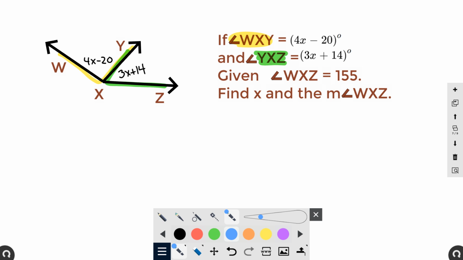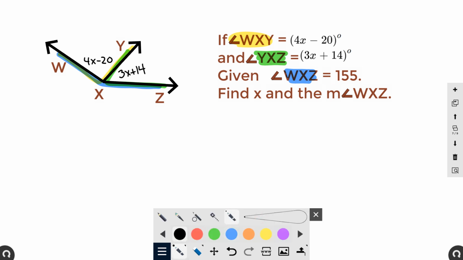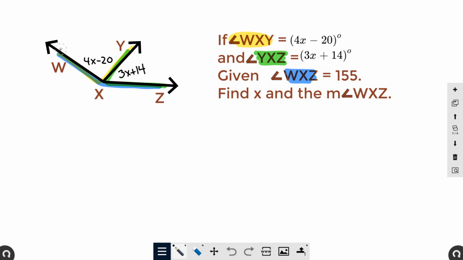Now when it talks about angle WXZ, you start at W, then go to X, and then go to Z. So that's actually the entire thing, the whole part. So when you have a whole part, sometimes I do it on the outside and I just make a big kind of loop and say the measure of that part is 155. So what would we set up to help us solve for x?